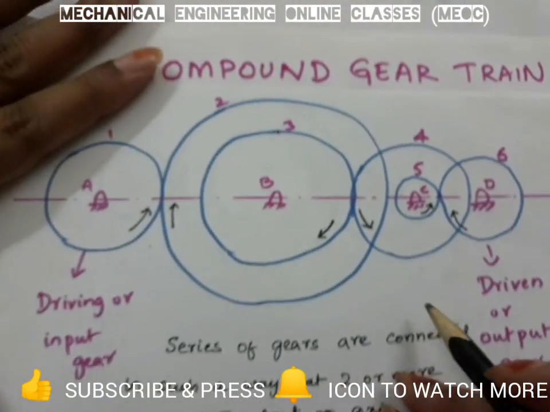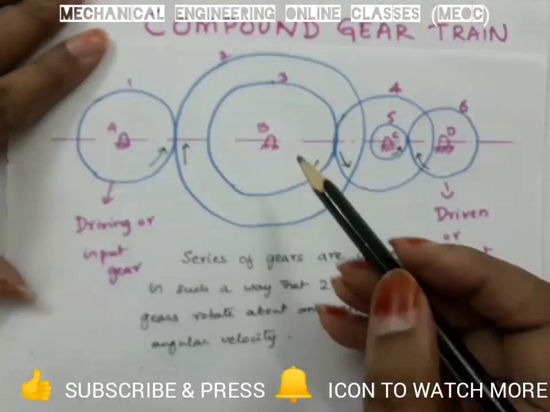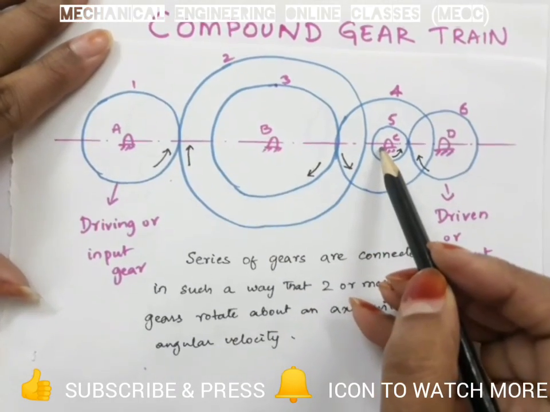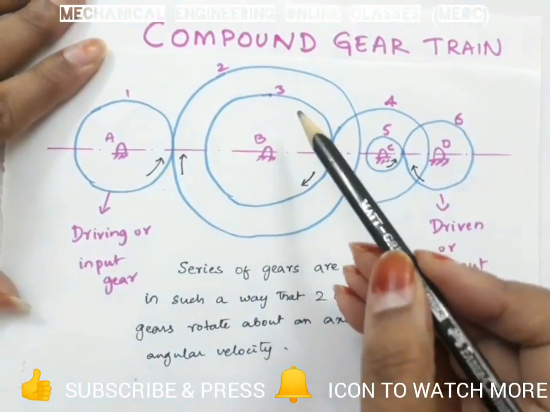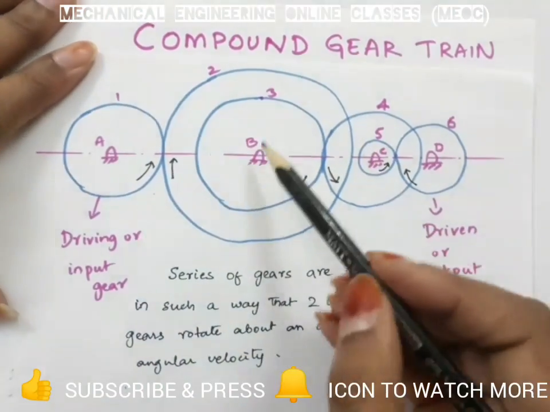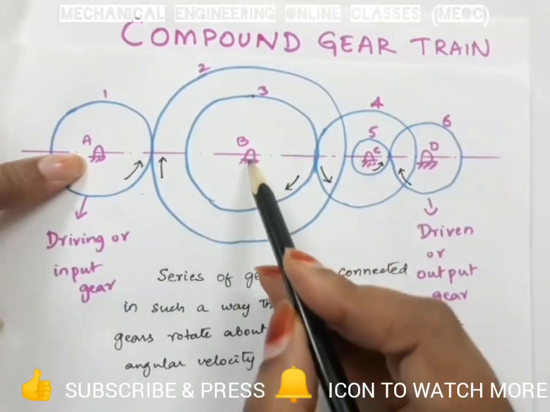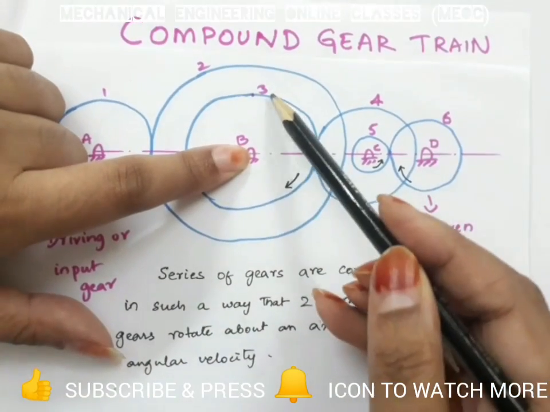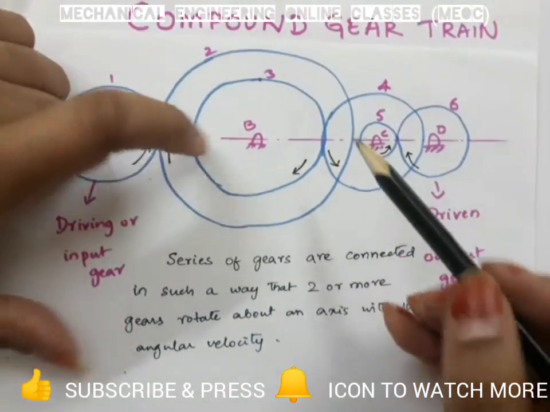What we have to understand is that a compound gear train is a gear train in which each shaft in between the first and the last carries 2 or more gears. Here B and C are the intermediate shafts upon which we have 2 gears. There can be 3 or 4 also.